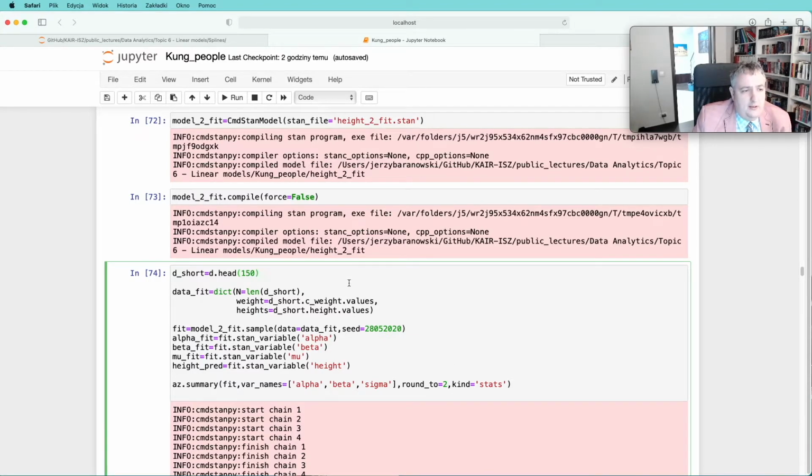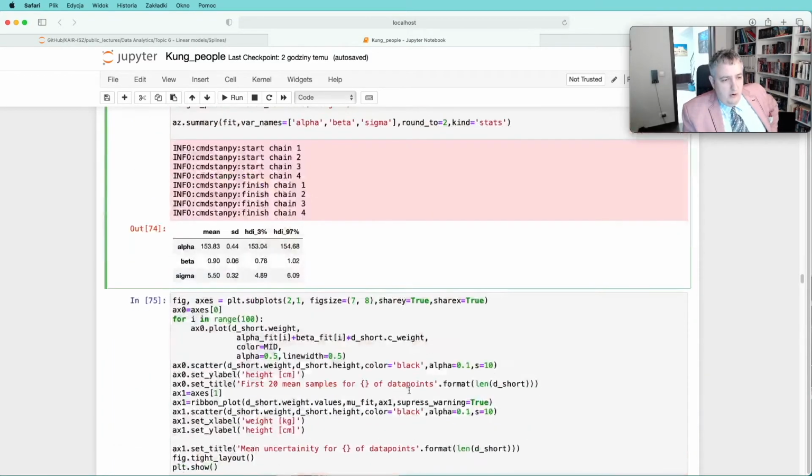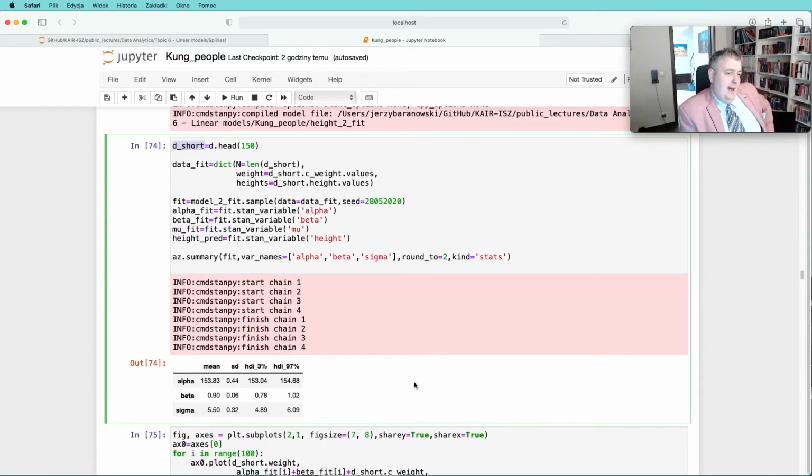Okay, we get our data fit dictionary. We get it from this data frame. We get the values, and we compute the number of rows, so we'll be able to get the number of data points. So we fit our model, we get our parameters, we generate the summary for it, and how does it look?